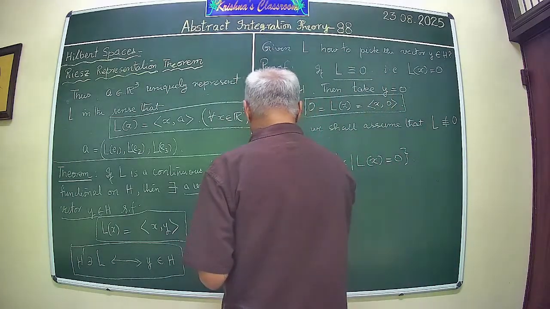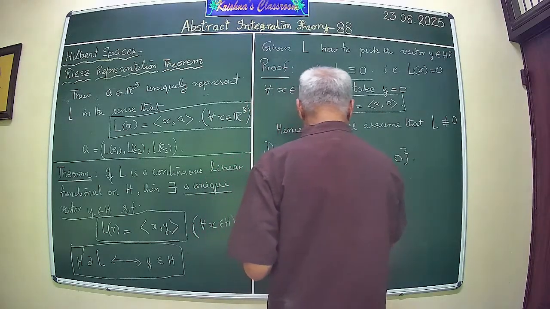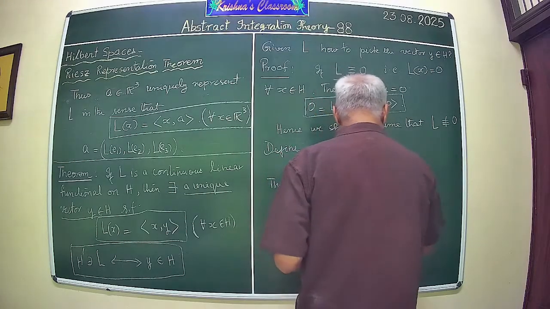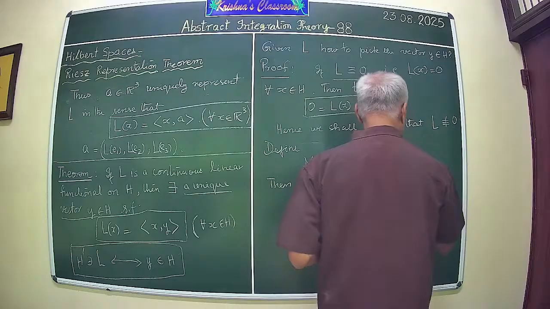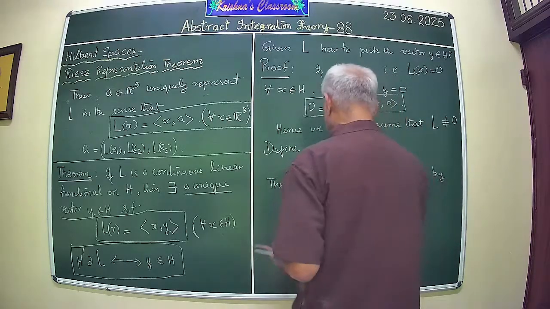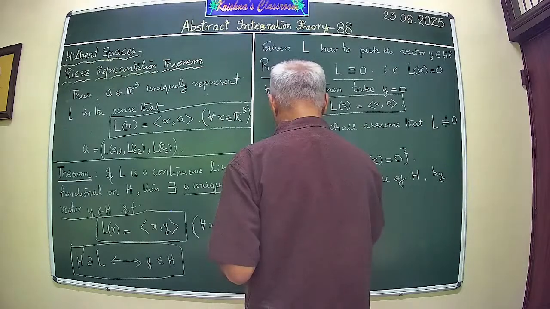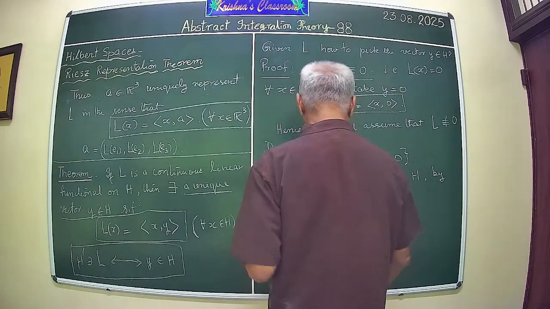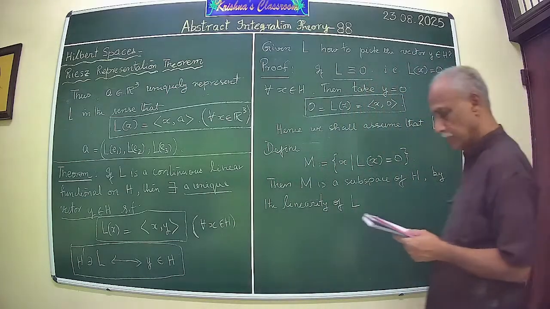Then M is a subspace of H by the linearity of L. That's easy to see. That follows immediately.